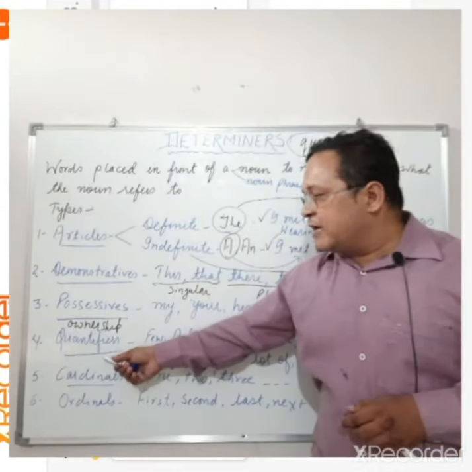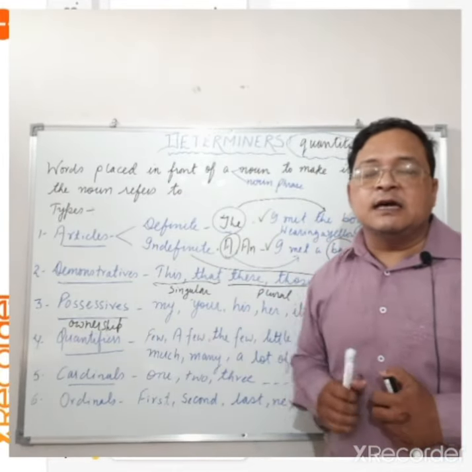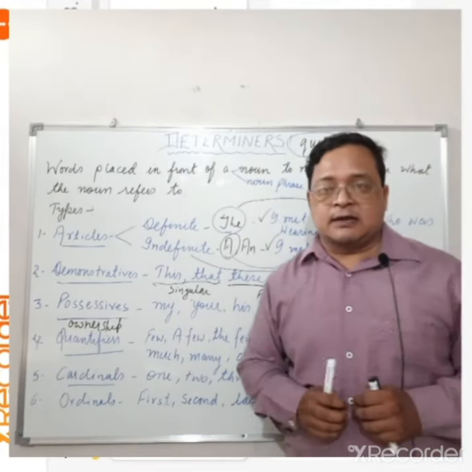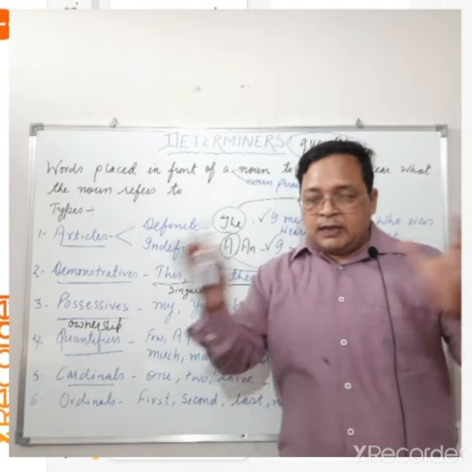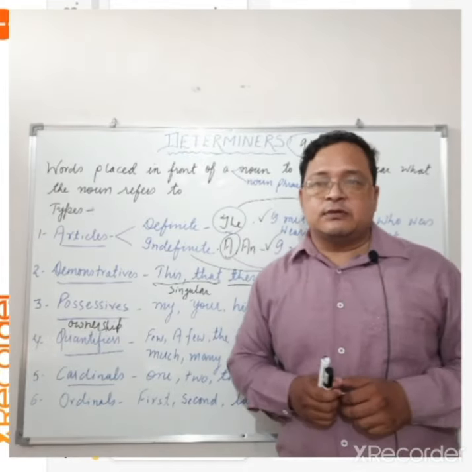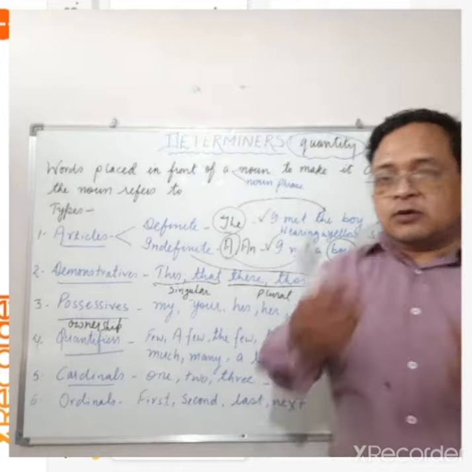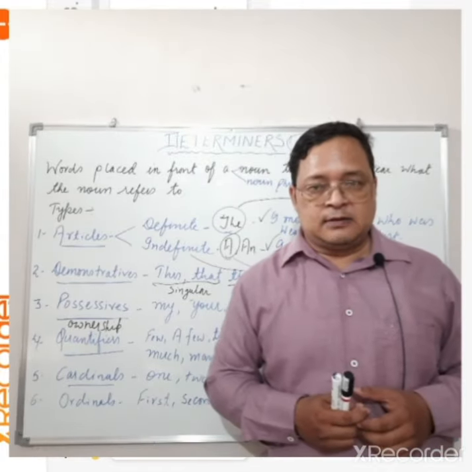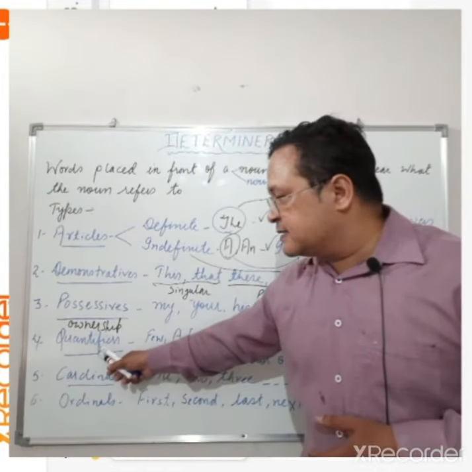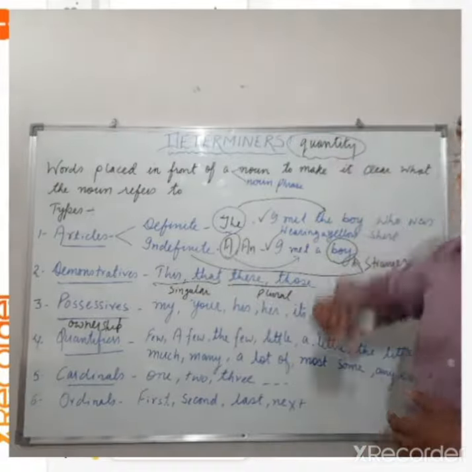So quantifiers tell us the quantity exactly, means they give us an indication about the quantity of anything. So quantifiers tell us about quantity.